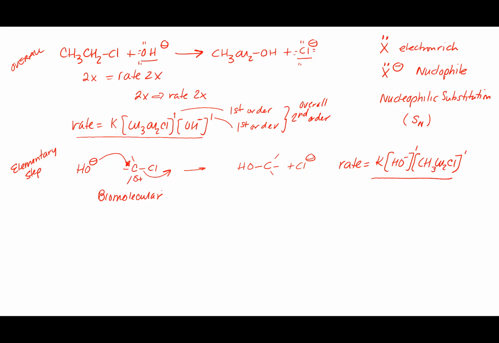It could also come from the fact that we have a sum of 2 from the exponents, because these exponents came from the stoichiometry. Okay, so actually this reaction is called an SN2 mechanism. It's nucleophilic substitution that is bimolecular in its kinetics and also in its mechanism. Okay.